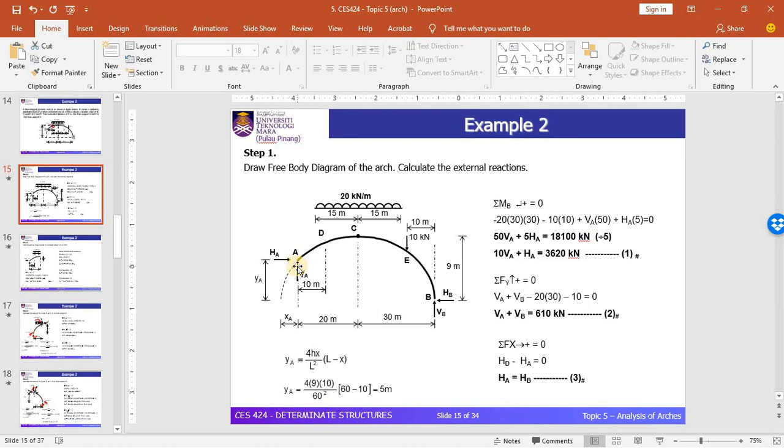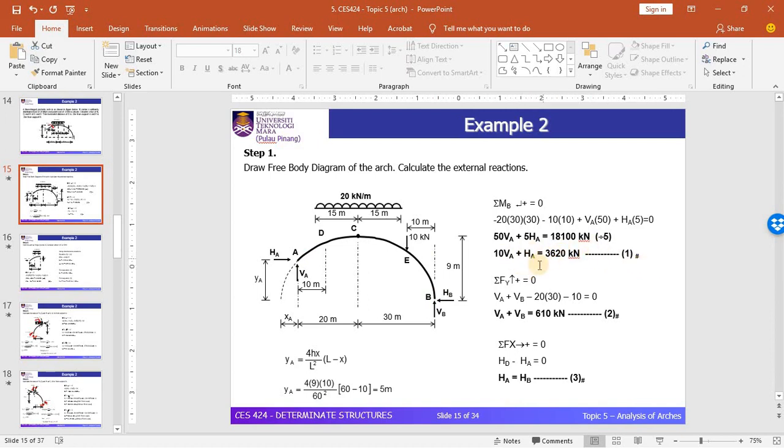To solve the reactions at the support, since we have 4 unknown reactions, you need 4 equations. You can start from point B by taking a moment at point B. You will get one equation in terms of VA and HA. Let's say this is our first equation.